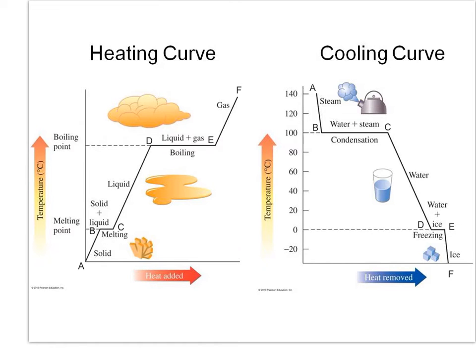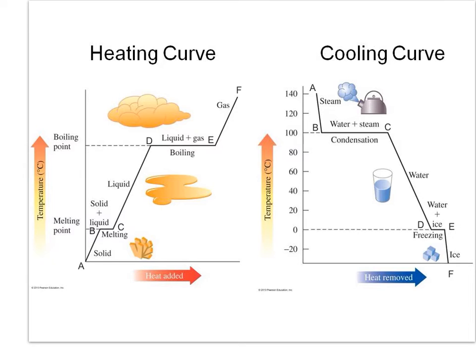The solid at point A starts at a lower temperature than its melting point. From A to B, the solid absorbs heat while raising the temperature. At point B, the substance is still a solid, but now at the melting point.